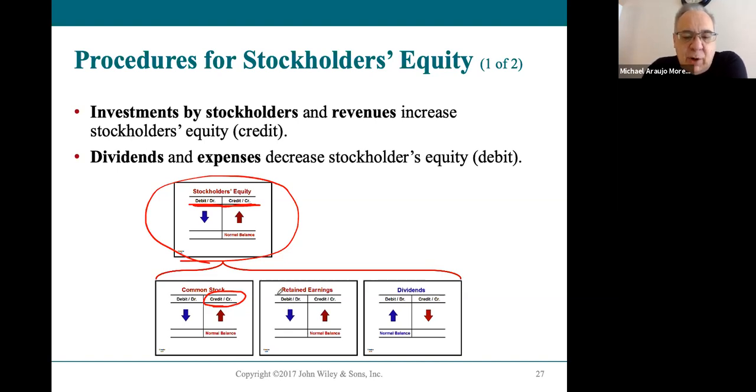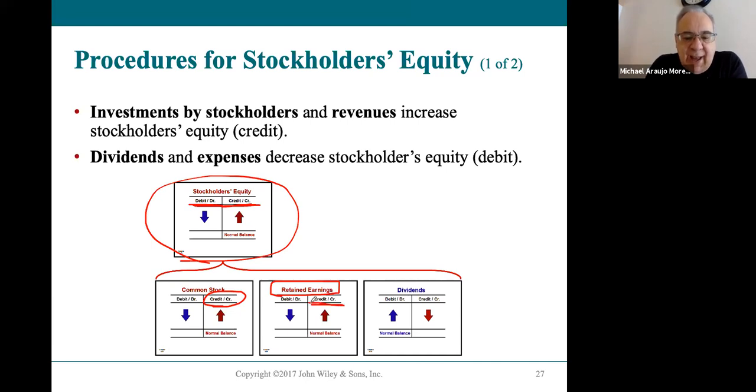Retained earnings is a bit more complex because, as you learned from the last objective, retained earnings includes revenues and expenses. In other words, it includes net income. It also includes dividends. So retained earnings is slightly more complex. Retained earnings will increase on the credit side.